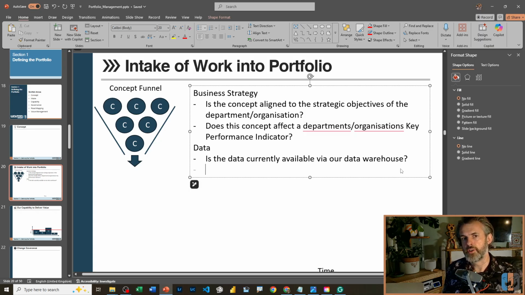Okay, so we don't have any wastage data in our data warehouse, but our strategic objectives are that we'll be monitoring waste, not just in the next quarter, but for the foreseeable future. This is something the business is taking seriously for at least the next year and beyond, so it's going to form a fundamental pillar of the organisation to monitor wastage.